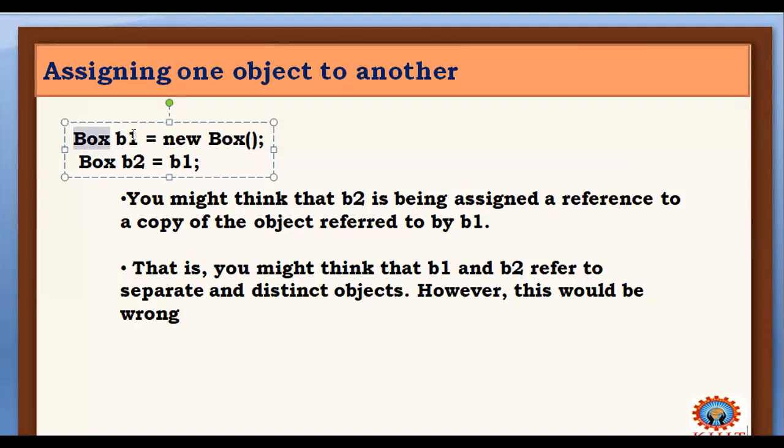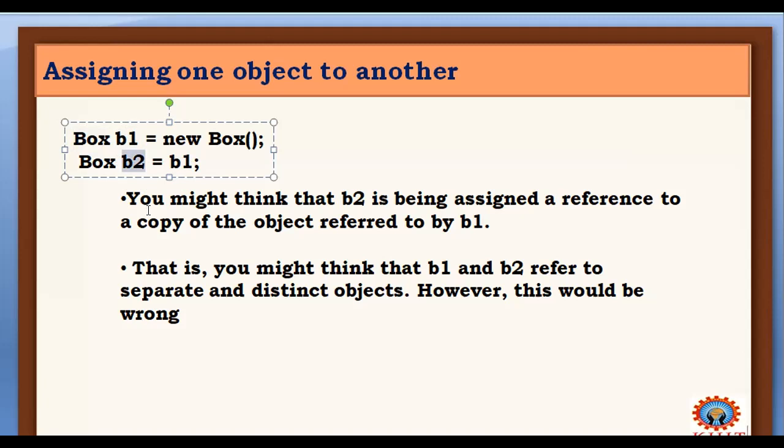Now you are creating Box B2 = B1. You created an object called Box B1, then created another object B2 and made it equal to B1, meaning you took B1 and put it in B2. Can we do this? Is it valid to write this statement or not? Let's understand with the help of the concept of assigning one object to another.